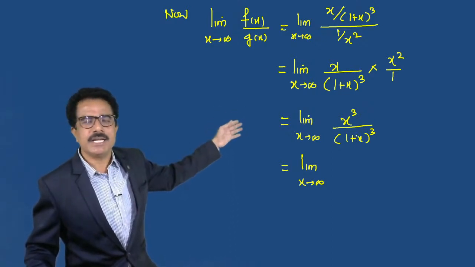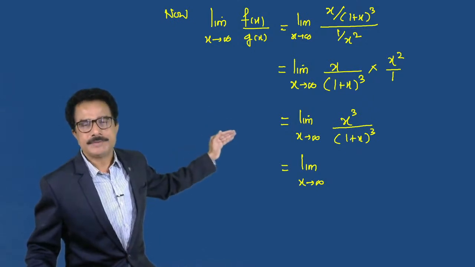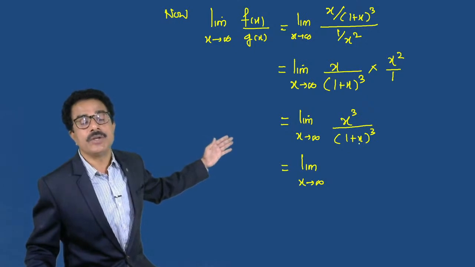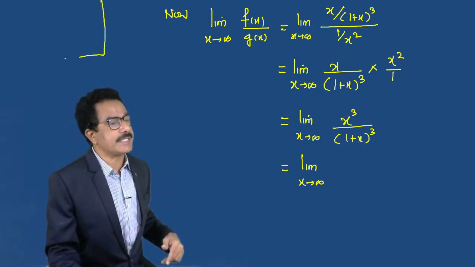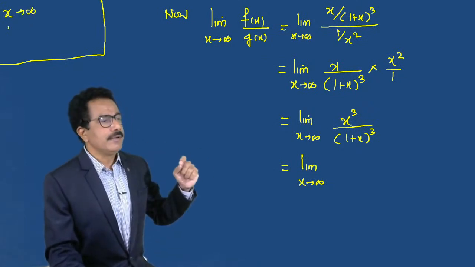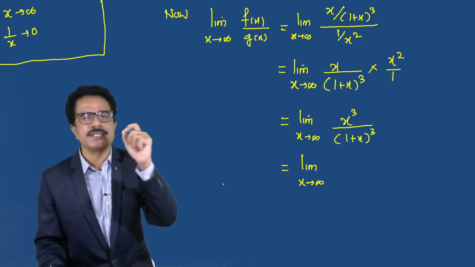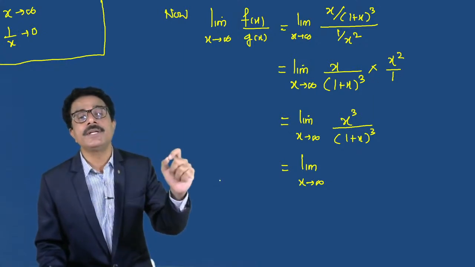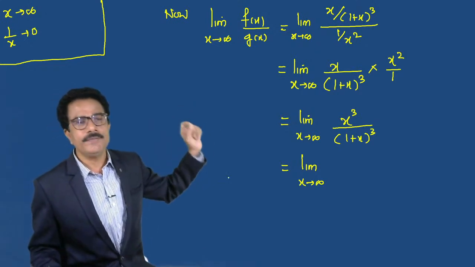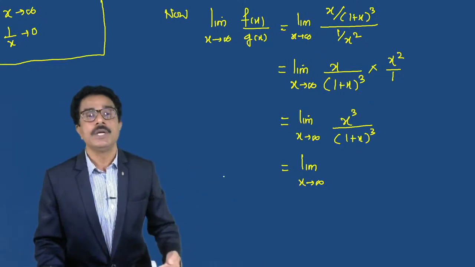You can use L'Hospital rule for this limit also, or we can take the highest power common from the denominator, because we know that as x tends to infinity, then 1 upon x tends to 0. This is the standard form of limit for the algebraic function. If x tends to infinity, then definitely 1 upon x tends to 0.